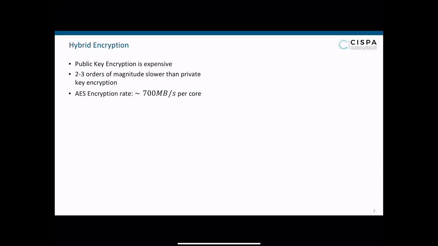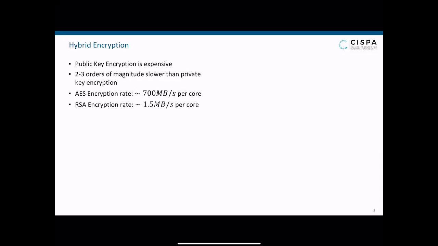Don't nail me down on this, but hardware AES encryption, at least in specialized hardware, is somewhere in the tens or 20 gigabytes per second. So I think this is a software figure, but please don't nail me down.